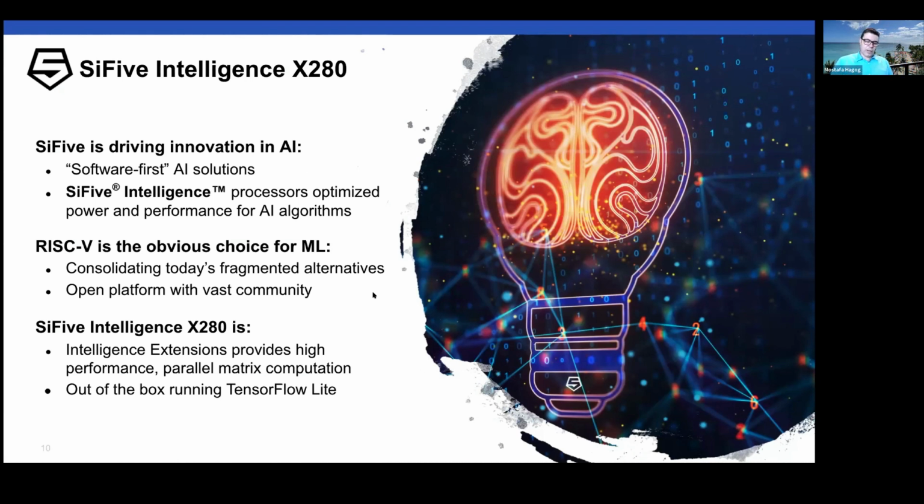Currently the X280 is generally available to customers since July this year. Different customers might have different use cases. Some customers might deploy it and even create a design around it, and their customers might run different types of workloads.